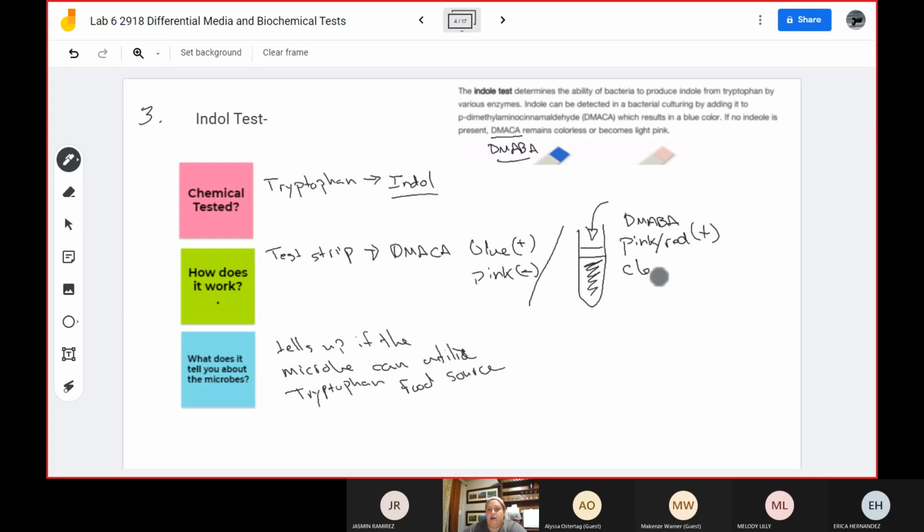If it is clear, then it is negative for indole. So you can test it two different ways, and there's two different sets of color results as a result of whether or not indole is present. So that is the Indole test.